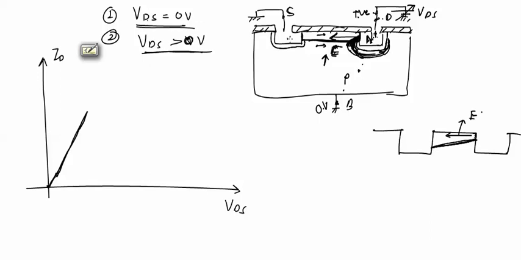Now at a particular voltage VDS, the channel width will reduce to zero near the drain end. This point is called the pinch off point.